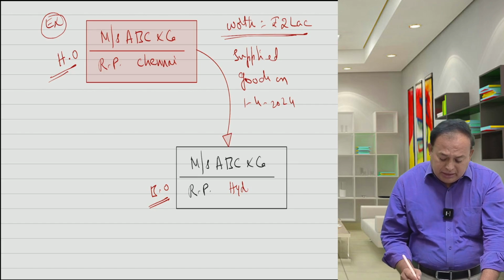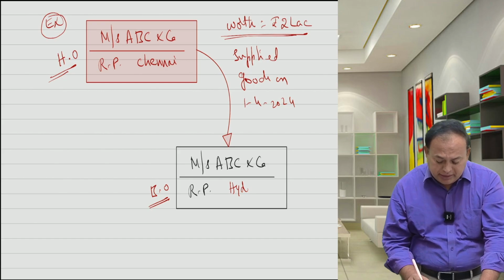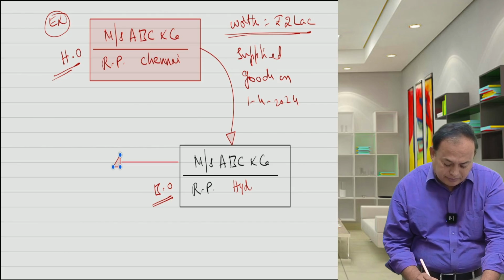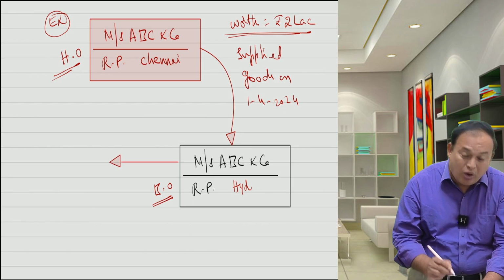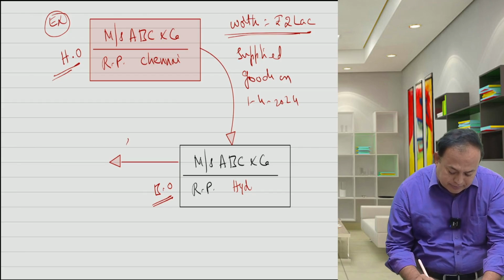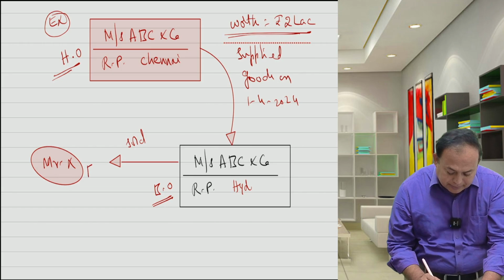Now, this ABC, being a registered person, sells the given product to their customers who are non-related parties. Let us say they sold to Mr. X, who is a buyer.